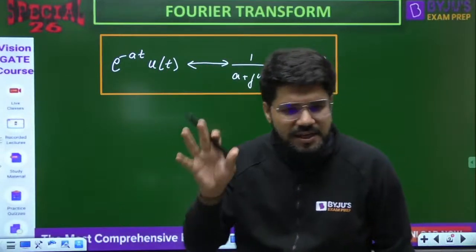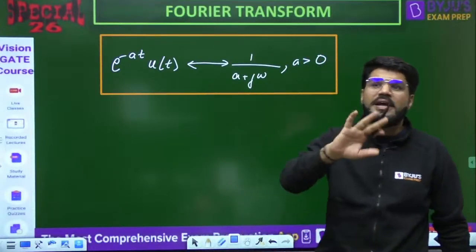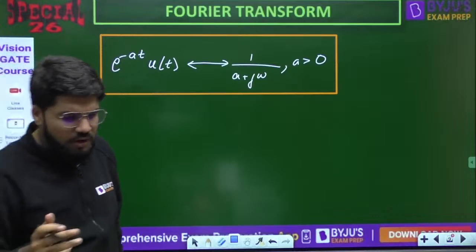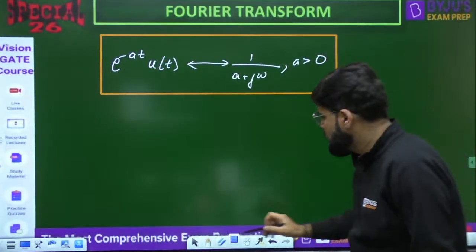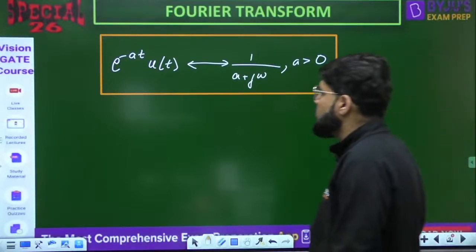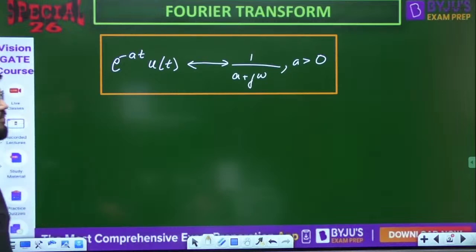Today's class, including today's notes, will summarize all the important Fourier transform formulas and all the properties of the Fourier transform. So, e power minus at u(t) has the Fourier transform 1 upon (a plus j omega), but a should be positive in that case. Then there are some other important cases.